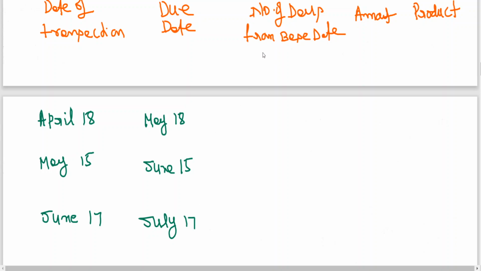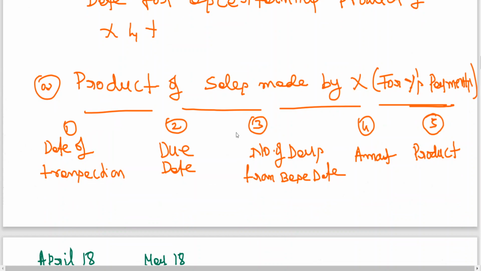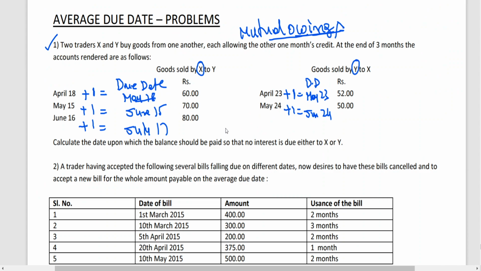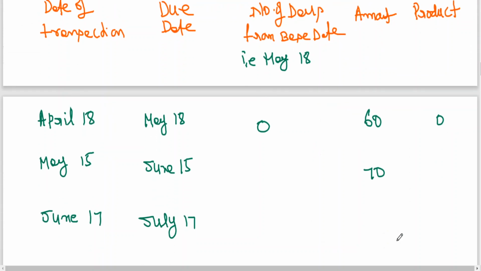Number of days from base date. We have taken base date as May 18. May 18 to May 18, 0. And you can see the amount: 60, 70, 80.